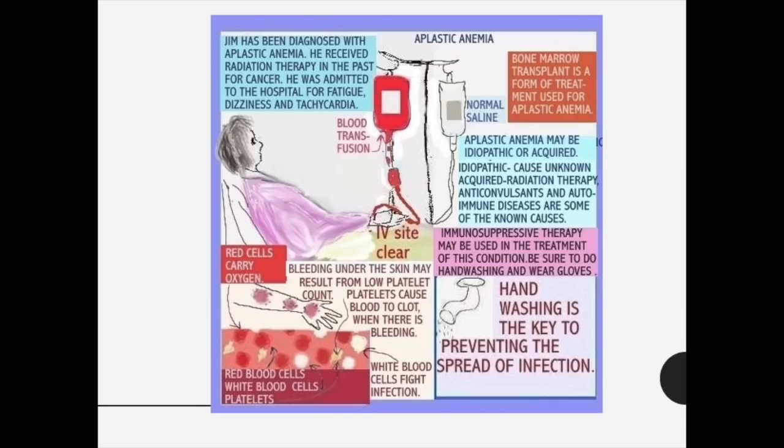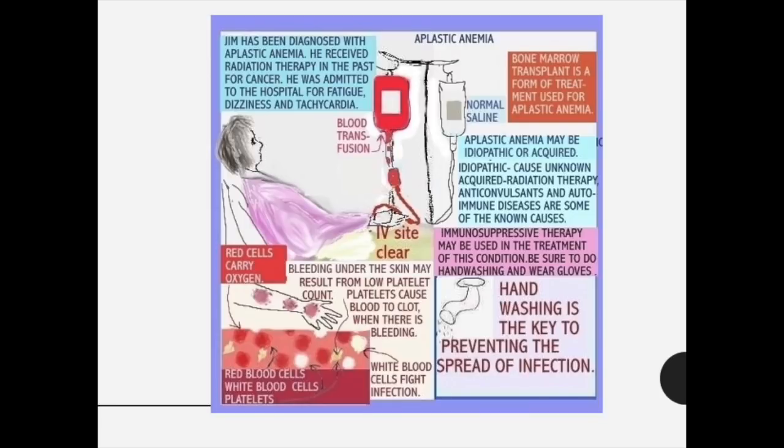So when we think about caring for this patient, there are definitely a lot of factors to consider. Not only the fact that this patient is anemic and is going to need blood, but they also have thrombocytopenia. They are also immunocompromised because they have a low white blood cell count.